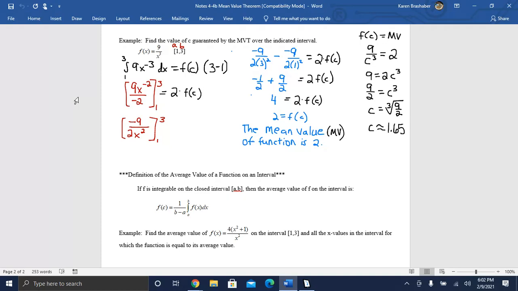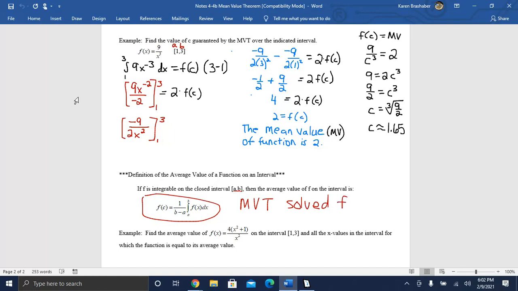And if you study that equation, it is simply the mean value theorem solved for f of c. It's just taken the theorem that was on the front and got the f of c by itself.